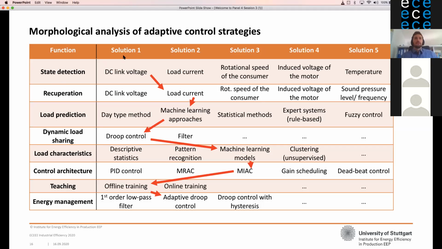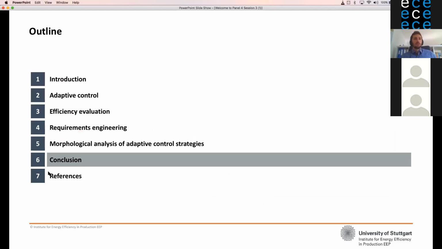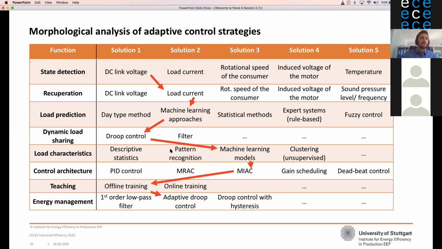Then we had a brainstorming session with certain experts, and of course we are relying on certain experience, knowledge, and also literature research to find the solutions which are suitable for the problem statement. As you can see, the functions which we defined are, for example, state detection, load prediction, control architecture, teaching, and energy management.